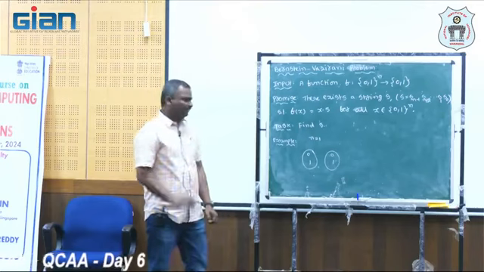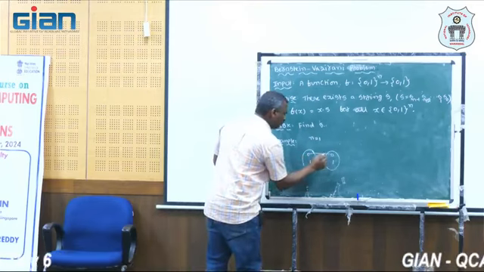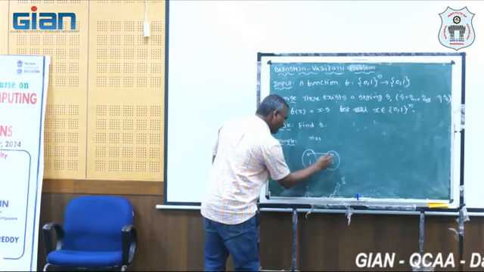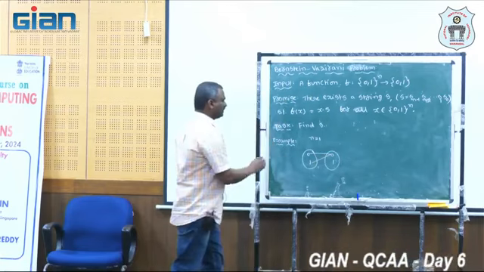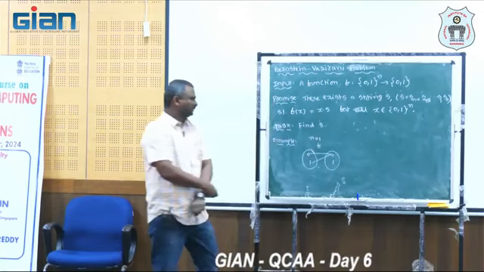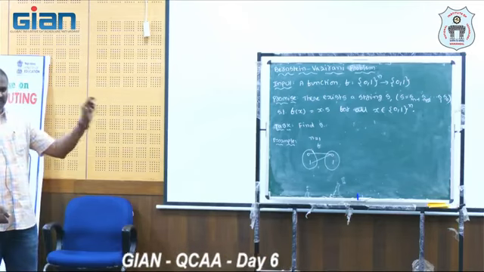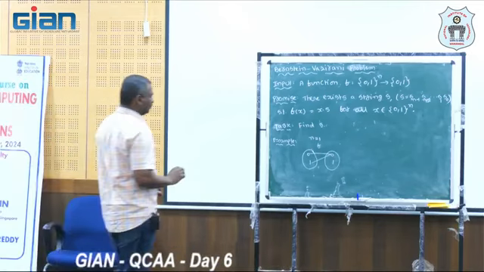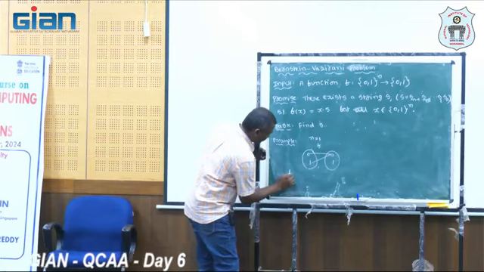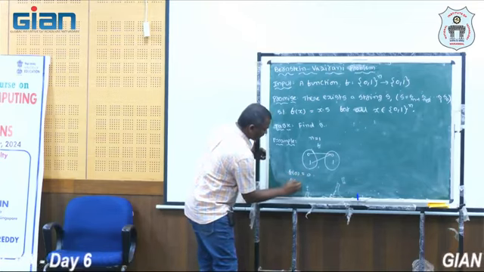Now let us suppose that 0 maps to 0, and 1 also maps to 0. This is my function f. f(0) is 0 and f(1) is also 0. That is the meaning, no?